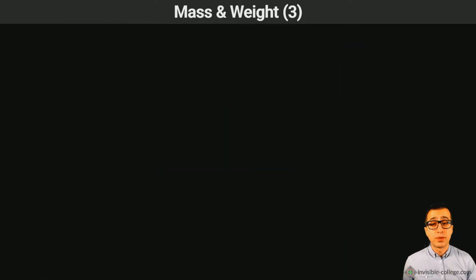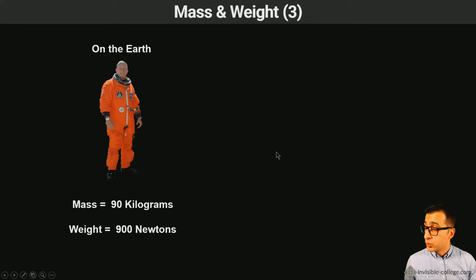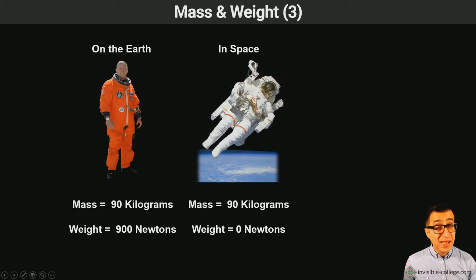So on the Earth, if we're approximating the gravitational field strength to 10 newtons per kilogram, or the gravitational acceleration to 10 meters per second squared, a person of 90 kilogram mass would weigh 900 newtons. In space, where there is no appreciable gravitational field pulling them, their mass would still be 90 kilograms, but their weight would be 0 newtons.